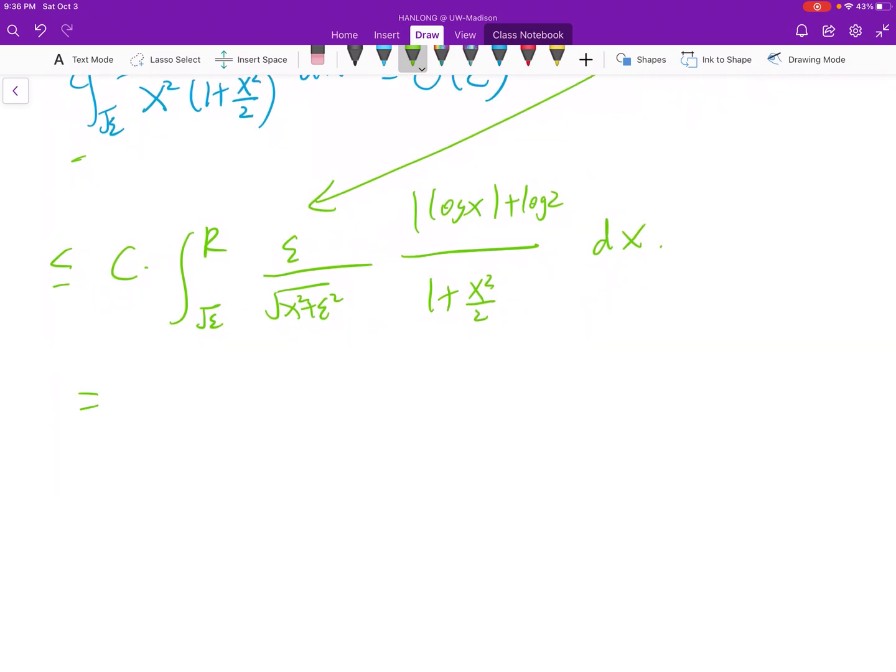And then you also cut it into two pieces: from epsilon to 1, and from 1 to r.